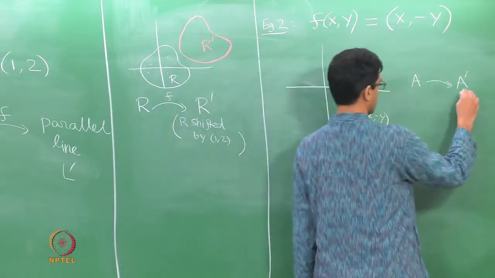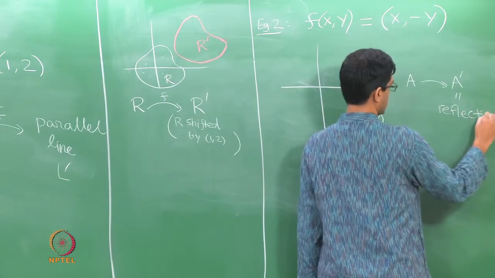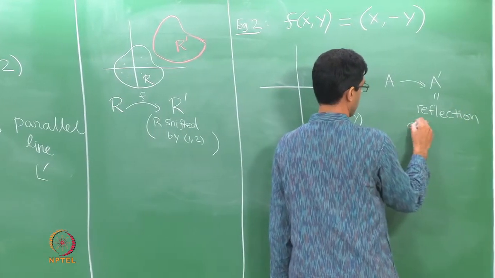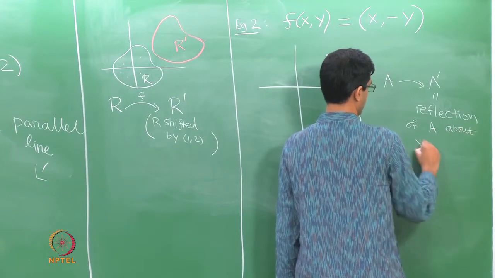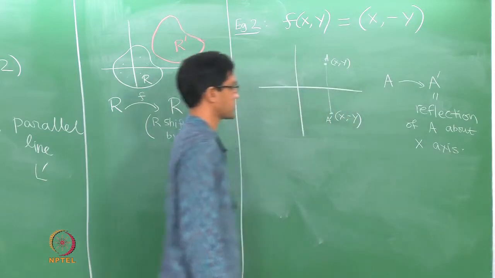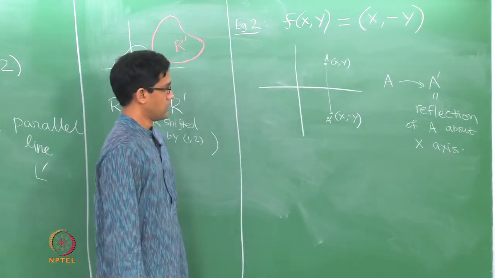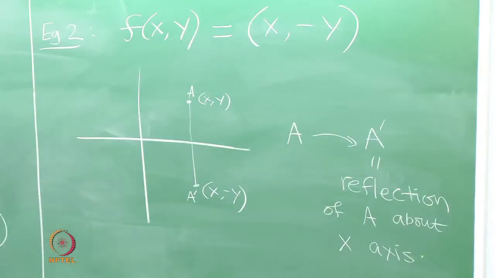So observe, a dash is just the reflection of a about the x axis. Okay. So this map f here, it's again very easy to describe. It just does a simple reflection about the x axis.